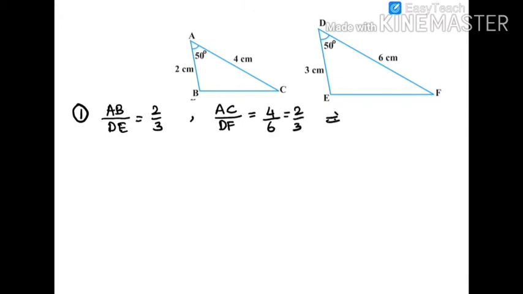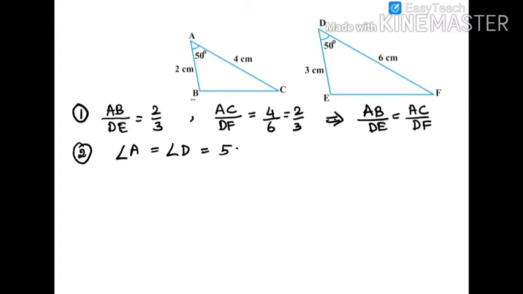So this implies that these two sides are proportional. So AB upon DE is equal to AC upon DF. And it is also given in the figure that angle A is equal to angle D, which is equal to 50 degrees.